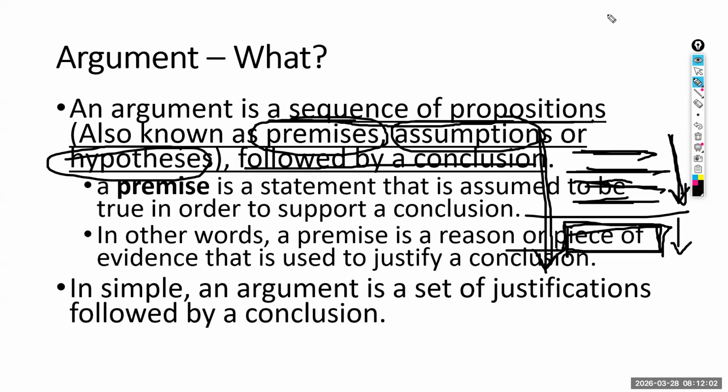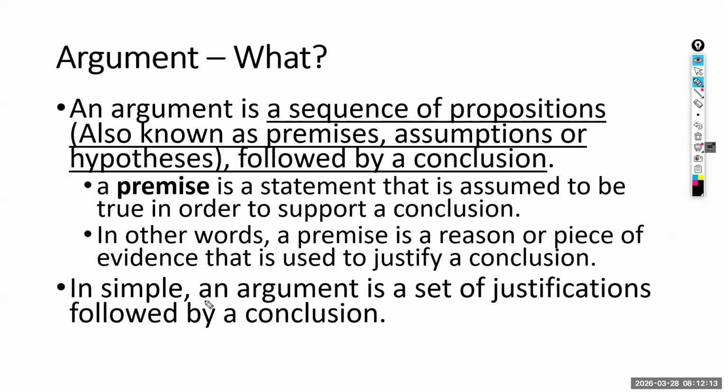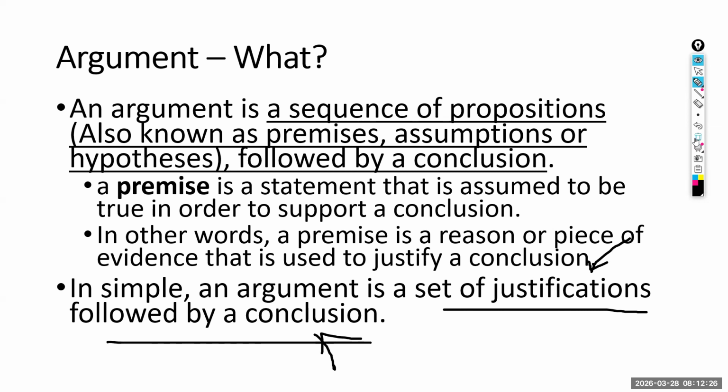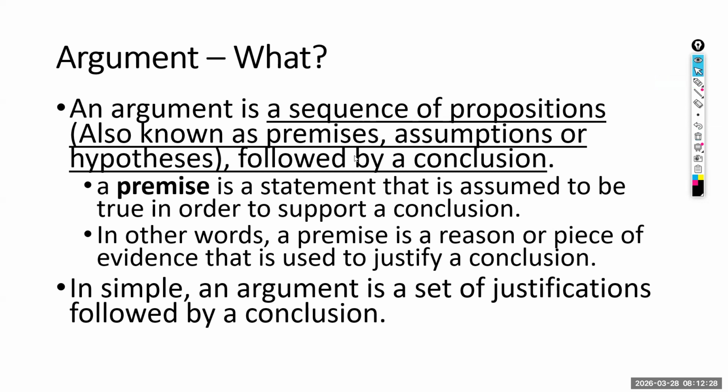If it is logically valid, we can accept it. Otherwise, we can reject it because it's baseless talk. In simple terms, an argument is a set of justifications followed by a conclusion. These justifications are called the hypotheses, premises or assumptions, and then your conclusion.